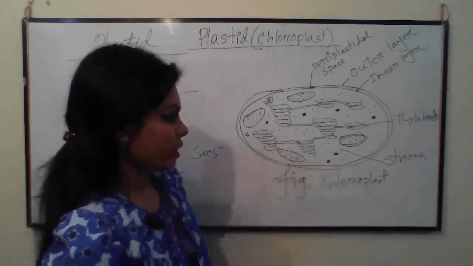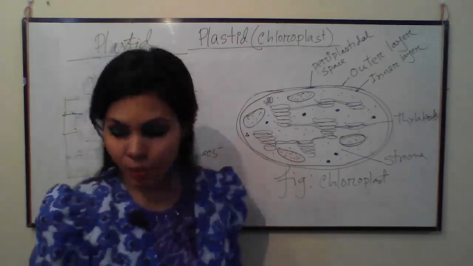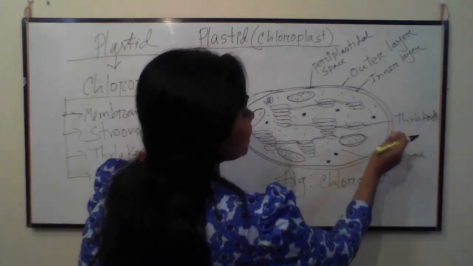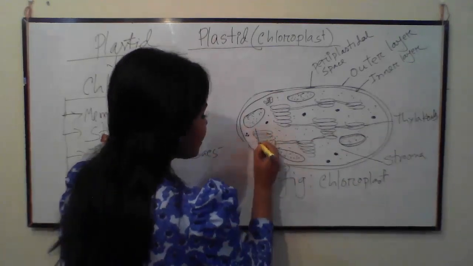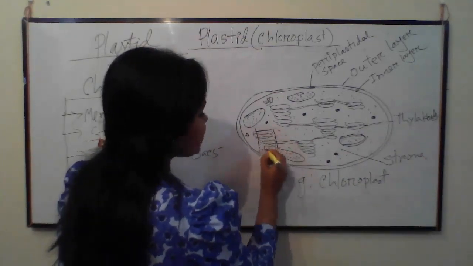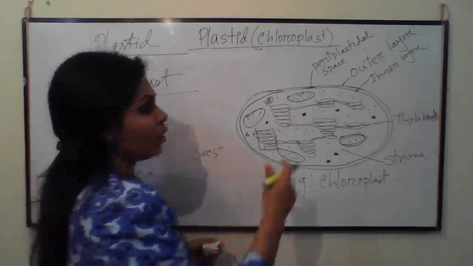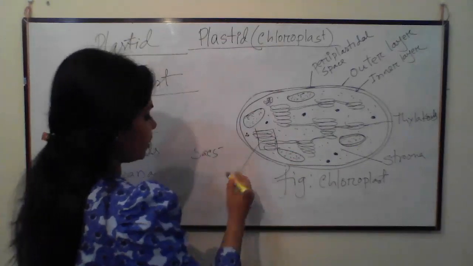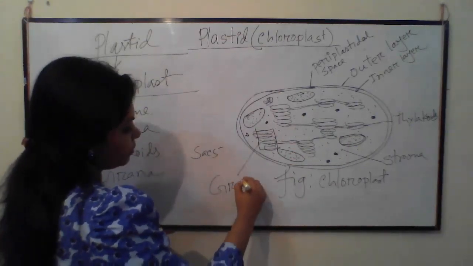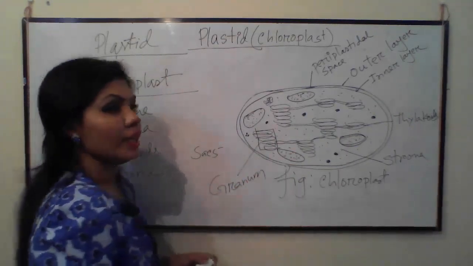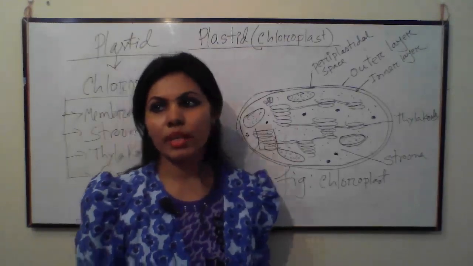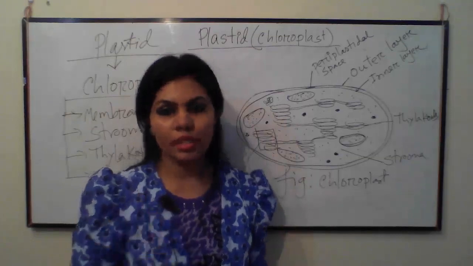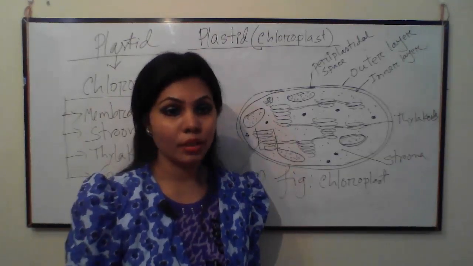The thylakoids usually lie in stacks. Whenever the thylakoids lie in a stack, it is called a granum. In a chloroplast, maybe 40 to 60 grana are found.